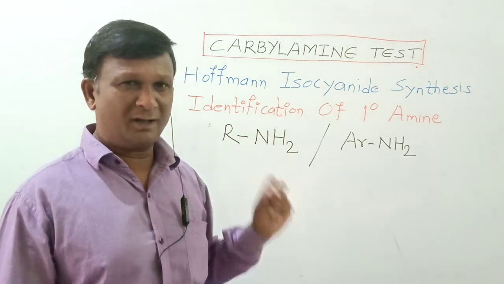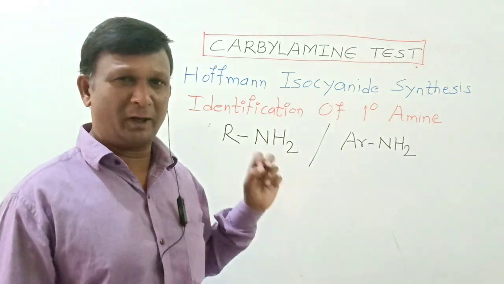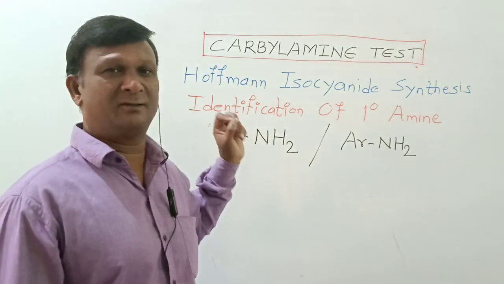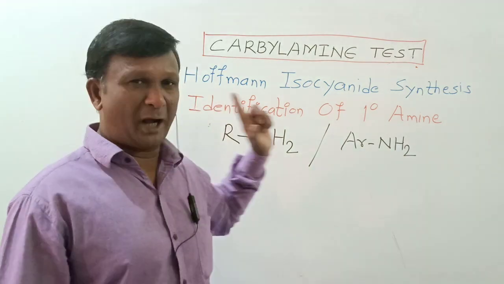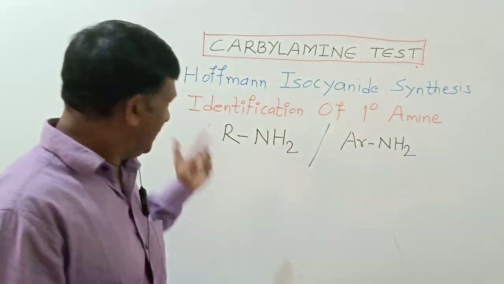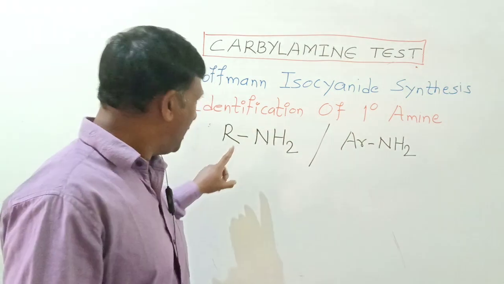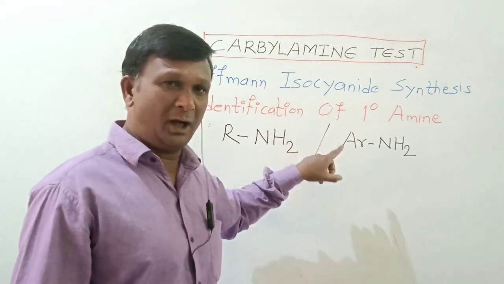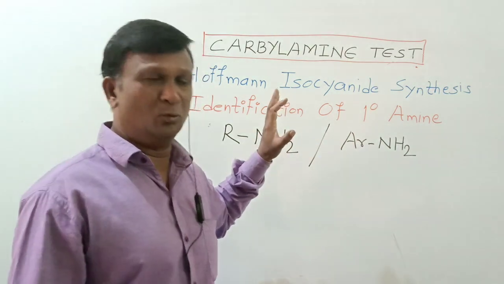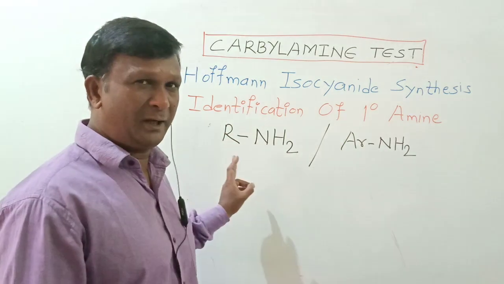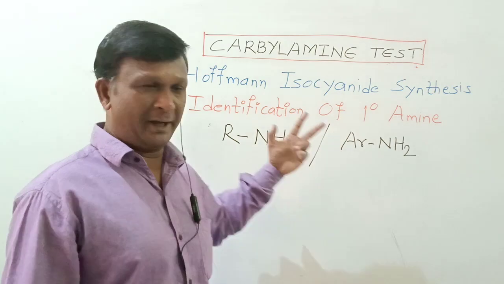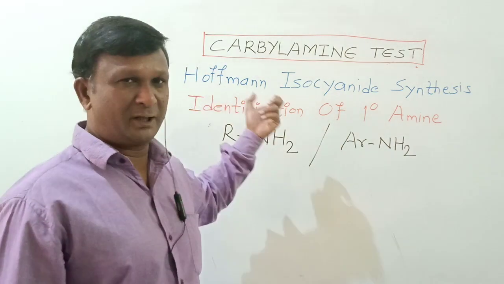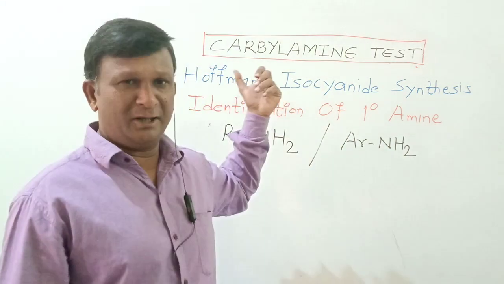I repeat once again, a very important point to remember: this reaction is given exclusively by primary amines having the general formula RNH2 and ArNH2. Whether it is an aliphatic amine or an aromatic primary amine, both give the positive carbylamine test.